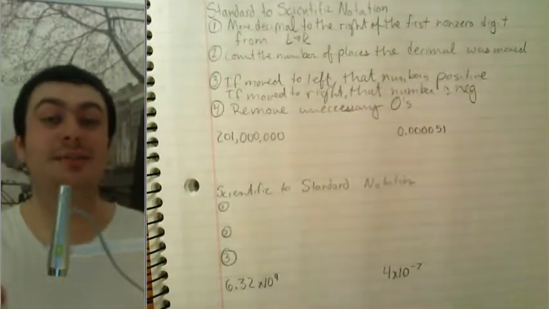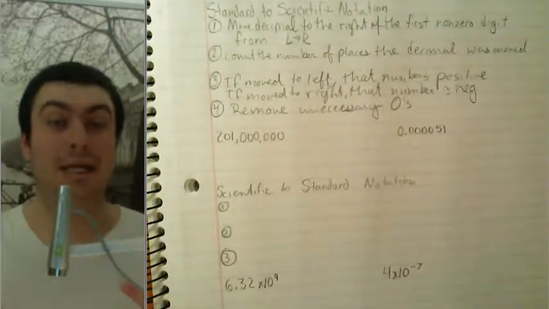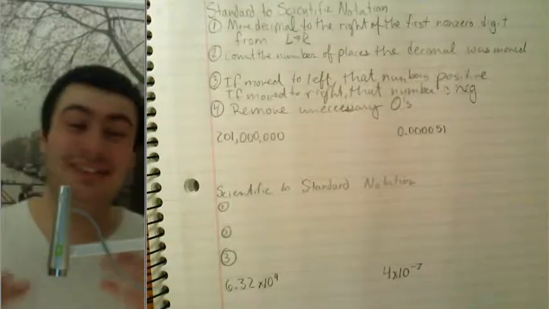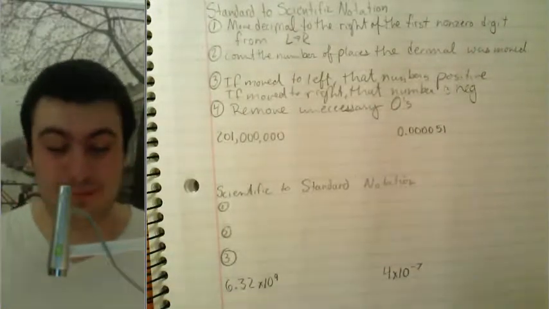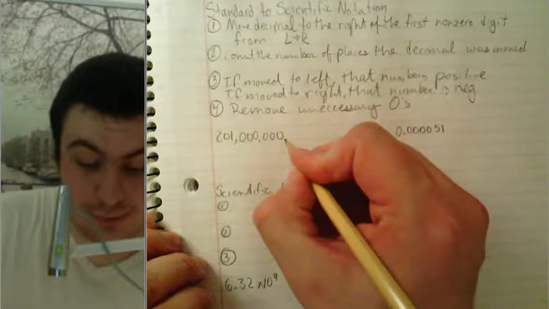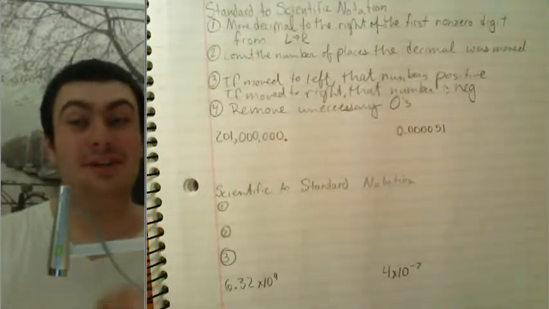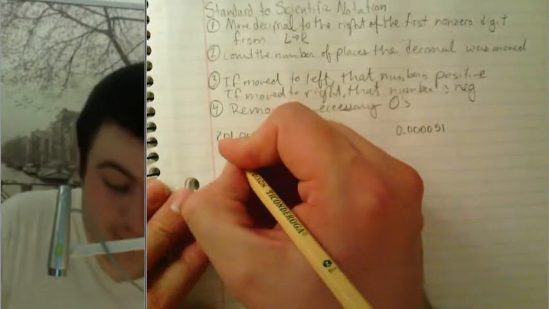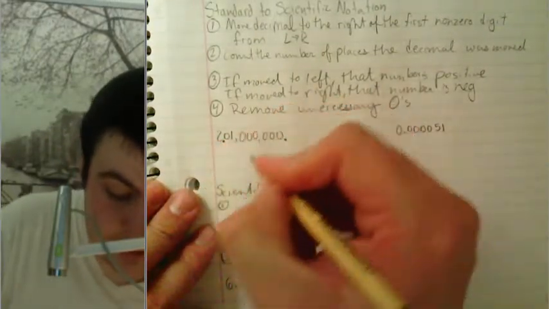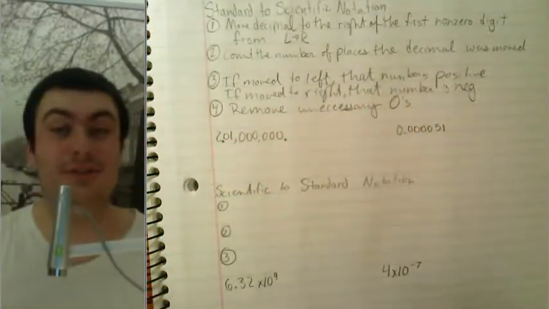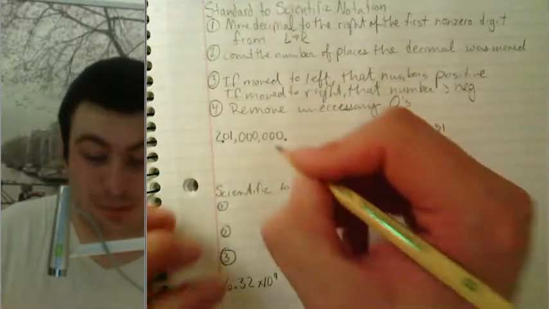So it's going to go just like this. We see we have this number, 201 billion. That's a lot of zeros, and we can write it in a more condensed way. So the decimal place would live right here. We're going to move it to the right of the first non-zero digit from left to right, so we're going to put it right there after the 2. Now we're going to need to count how many digits we moved it.